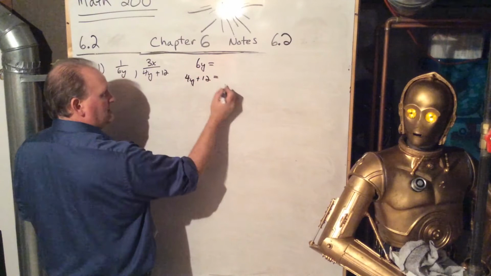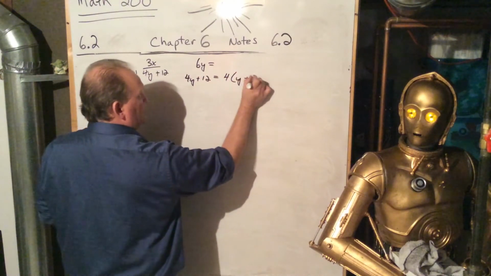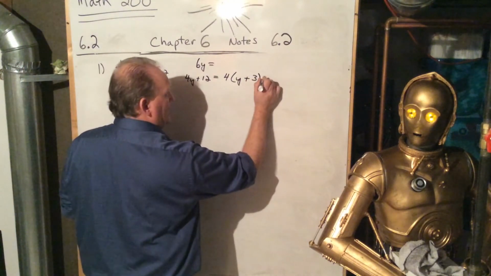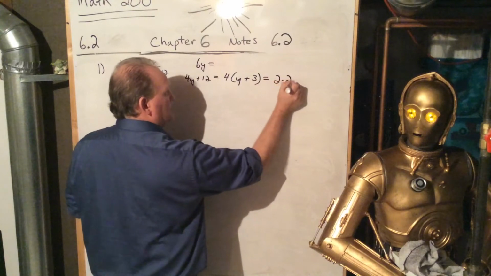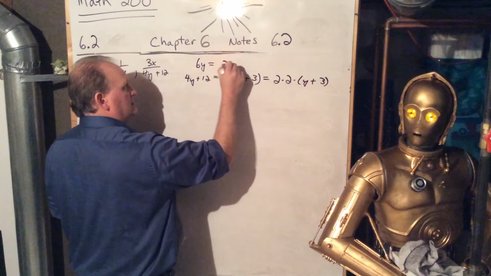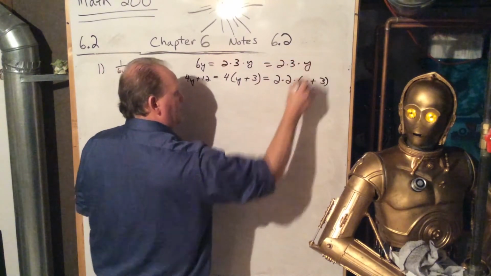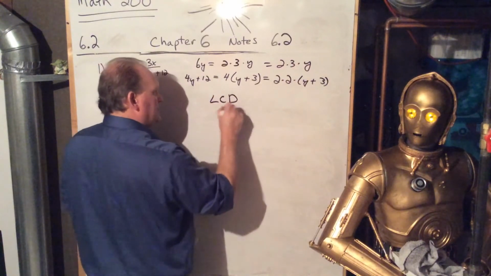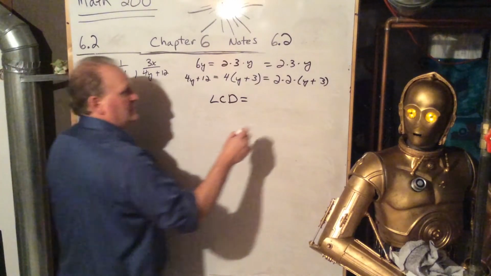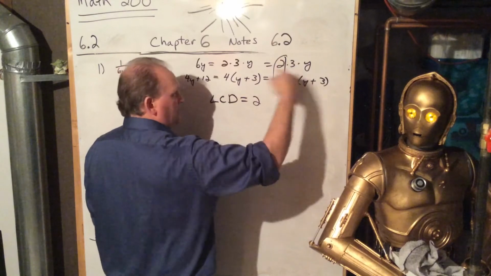So we could factor 4y plus 12, pull the 4 out, and you have y plus 3. And we could factor that again into 2 times 2 times y plus 3. And here, this is 2 times 3 times y. And now to find the LCD, the lowest common denominator, the smallest thing that both of these things will go into, we take what they have in common, and we take all the leftovers.